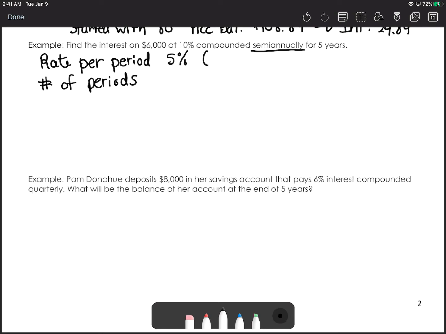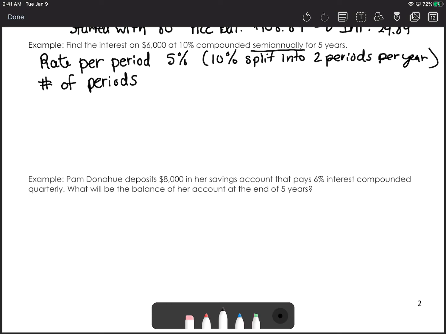And I'll put in parentheses here, it's because it's 10% split into 2 periods per year. Right? And that's what semi-annually means. Every year is compounded twice. So that 10% is going to get divided into 2. So every period, we're going to use 5% to calculate the interest.